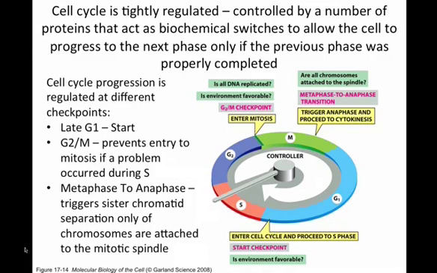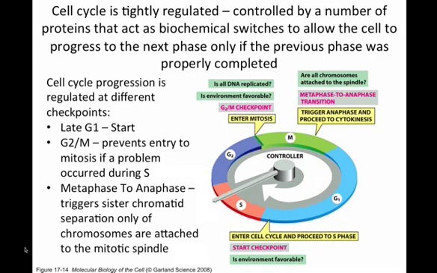And then there's the metaphase to anaphase transition, and that's smack in the middle of M phase. It's not in a gap phase. That's why I pointed out you always have to be careful with your wording, because checkpoints very much refer to these three checkpoints. In going from metaphase to anaphase, the real question is, are your chromosomes attached to the mitotic spindle?